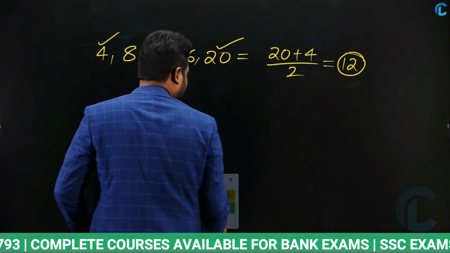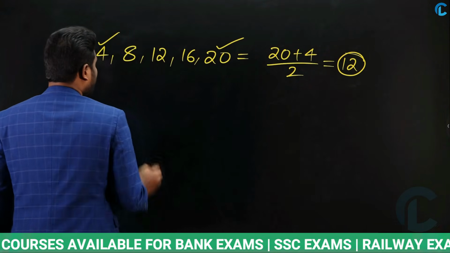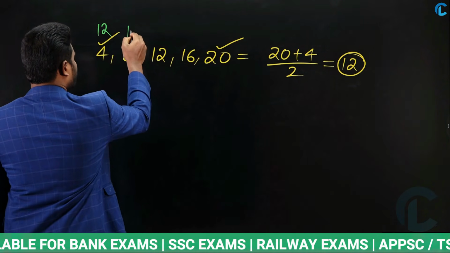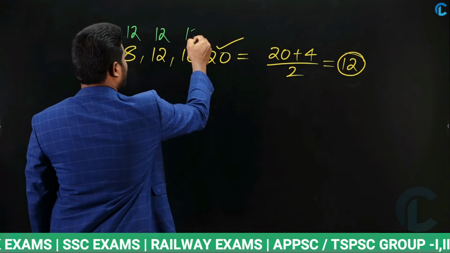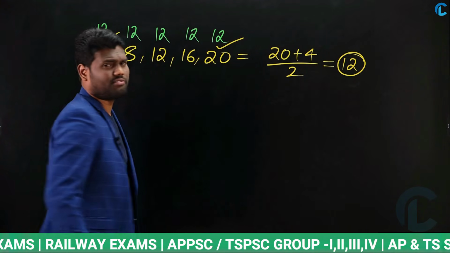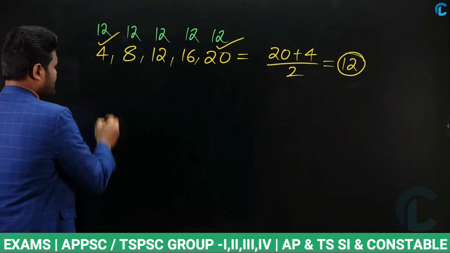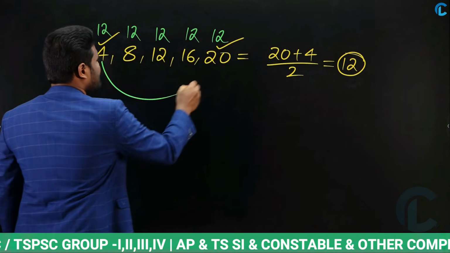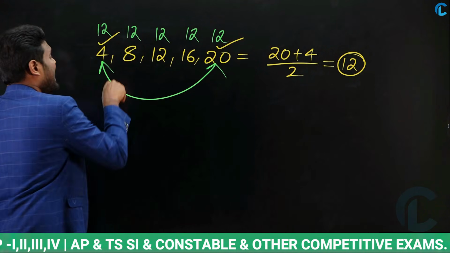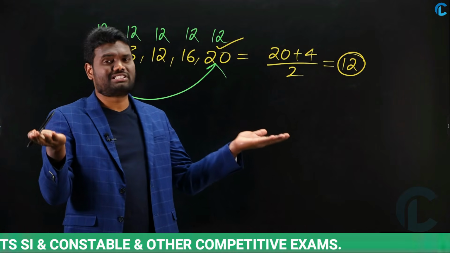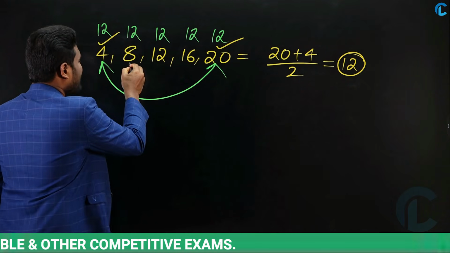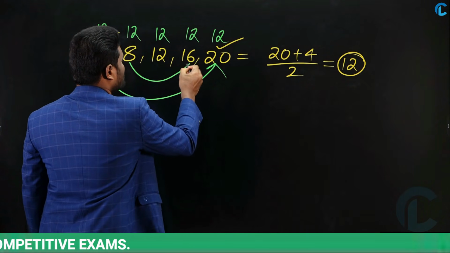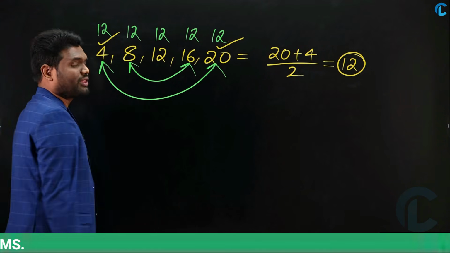When I say average is 12, each and every number should be 12, 12, 12, 12, 12. Yes or no? If you want, you can check. 4 is 8 less than 12 and 20 is 8 more than 12. Both of them share with each other. Similarly, 8 is 4 less than 12, 16 is 4 more than 12.